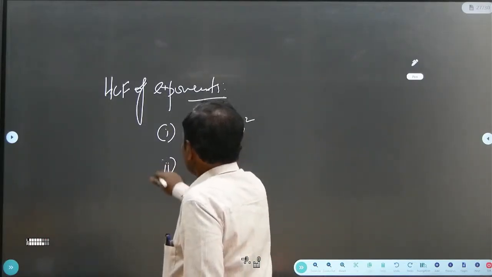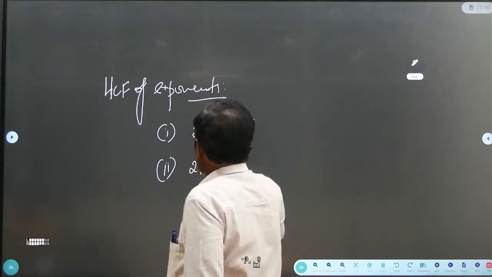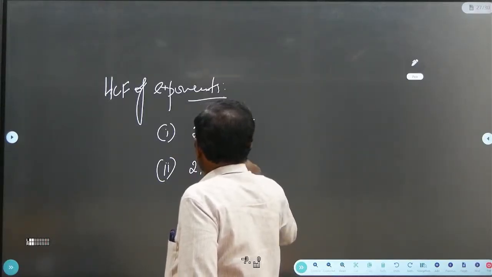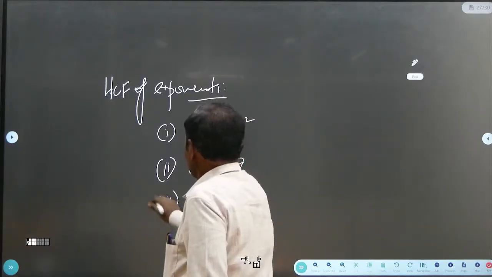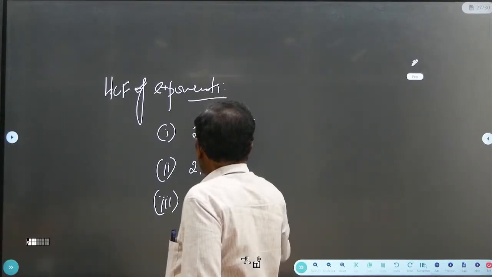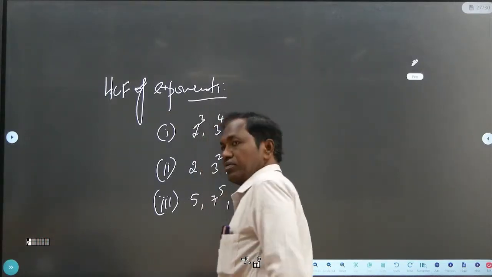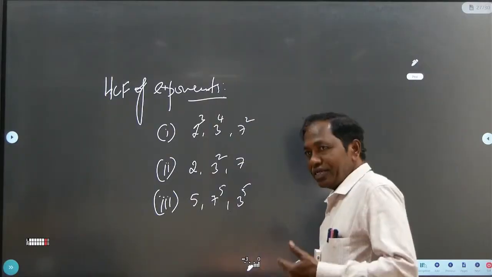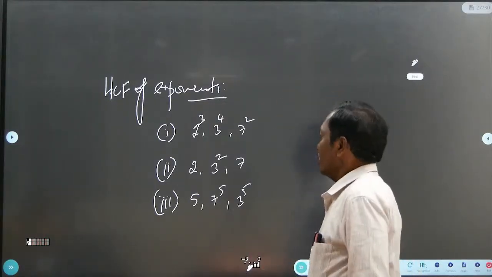Another expression: 2 to the power of 1, 3 to the power of 2, 7 to the power of 7, like 5 to the power of 1, 7 to the power of 5 and 3 to the power of 5. You have to take the least, definitely the least, because that should divide the other things.